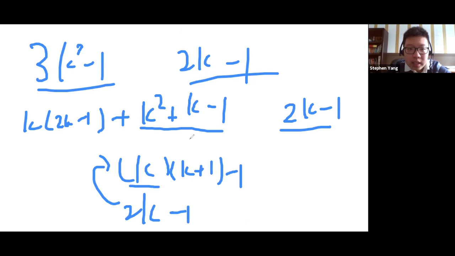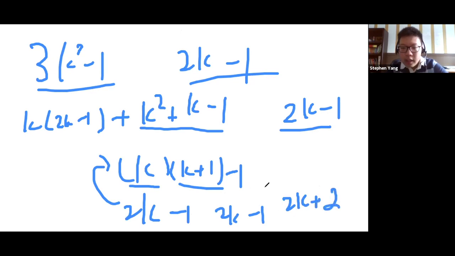And 2k minus 1 and this, and 2k plus 2. This is 2k squared plus k squared minus k plus k.